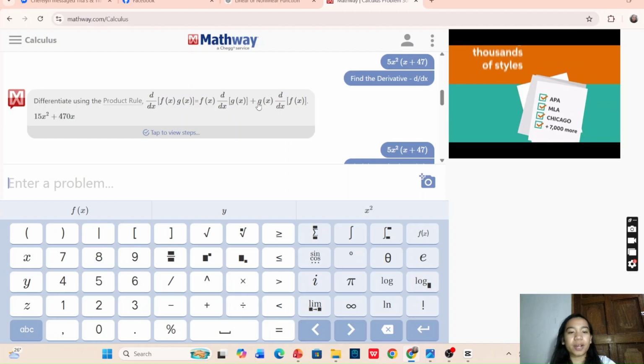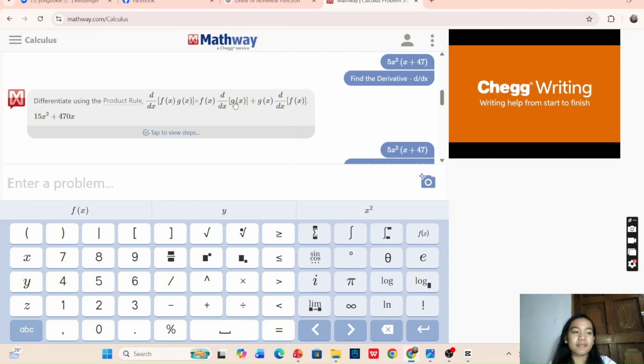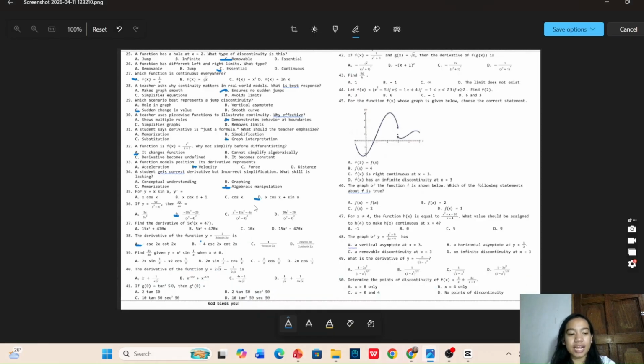Applying all the operations together, combining like signs rather, it gives us 15x squared plus 470x, which can be found in letter A. Now let us move forward to number 38.